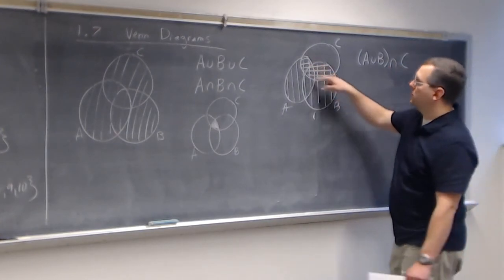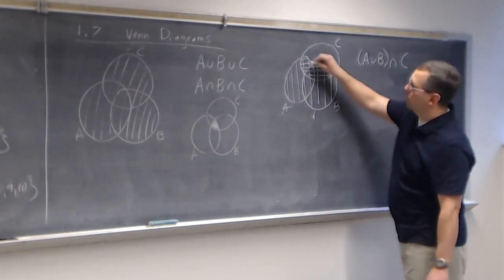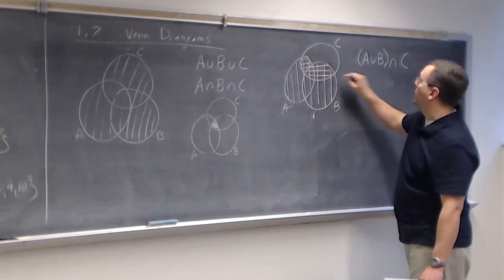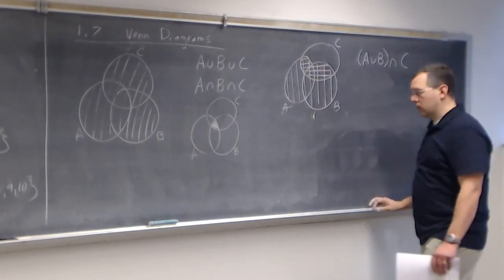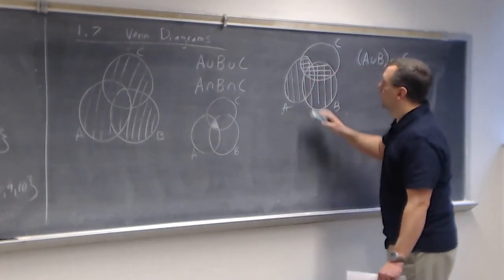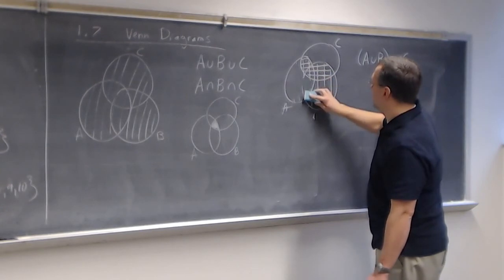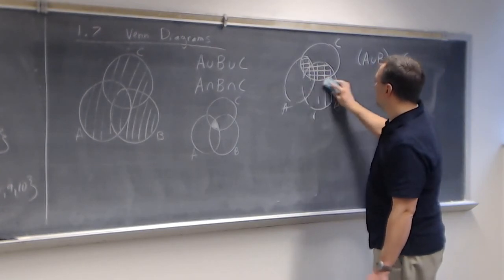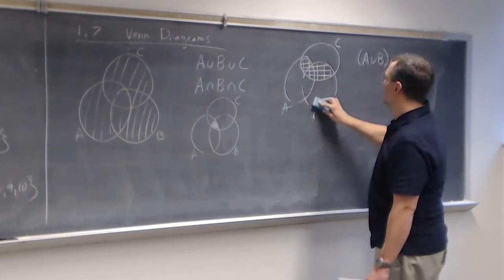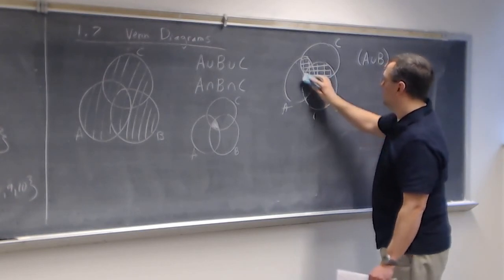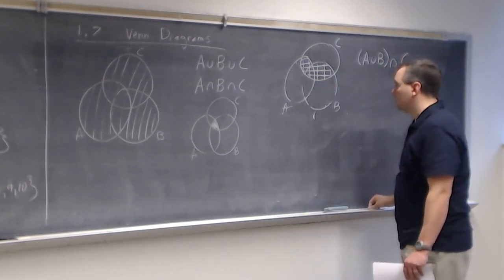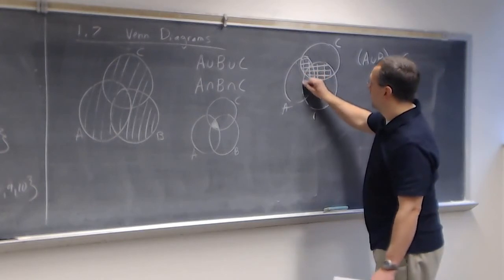So those 2 pieces, actually 3 little tiny regions make up this set. So I'm going to erase now. I know where this is. So that would be the same as A intersect C plus B intersect C minus A intersect B intersect C.